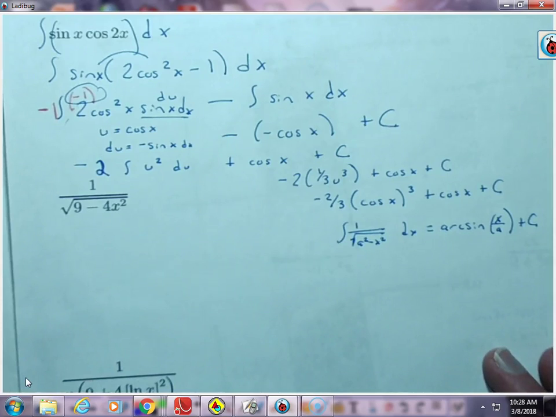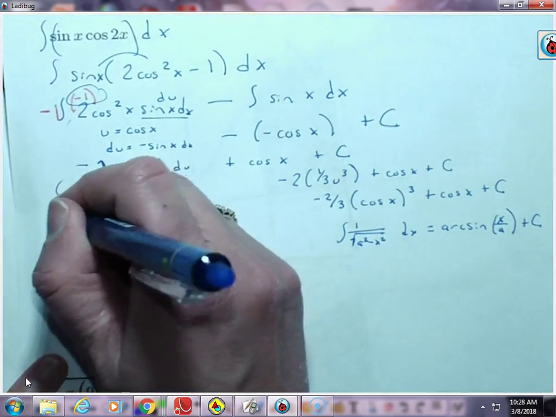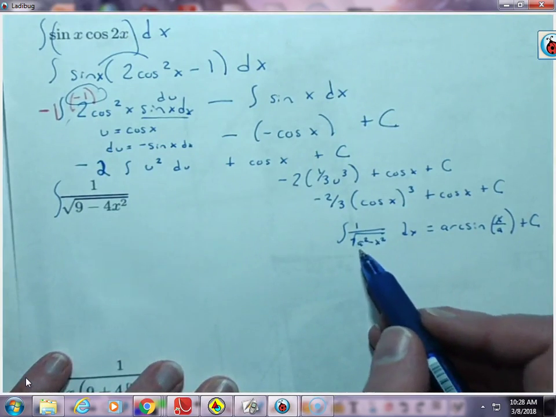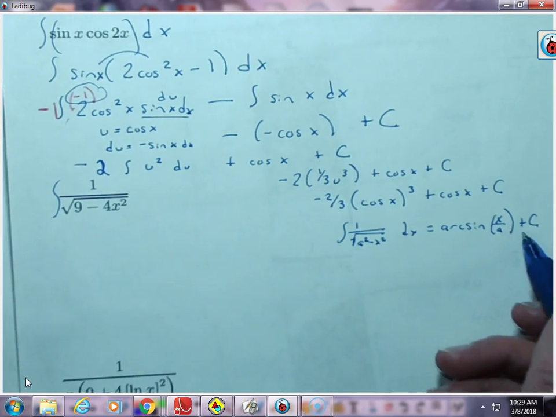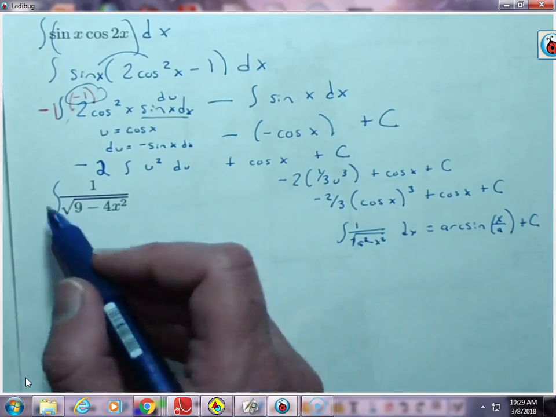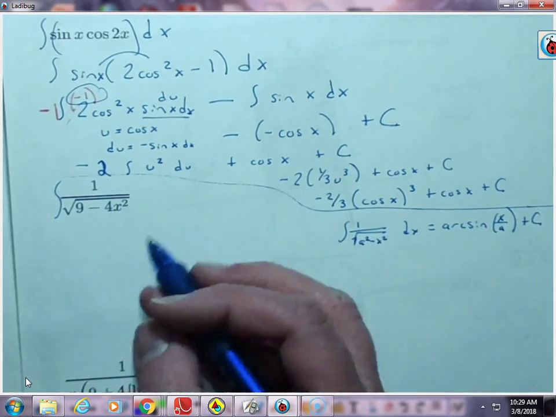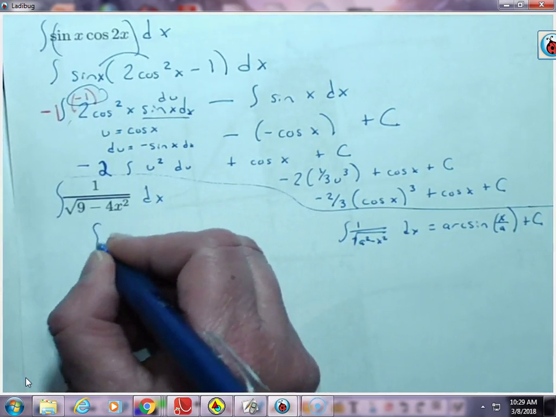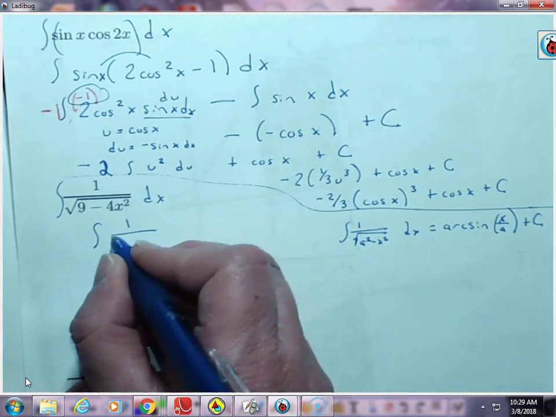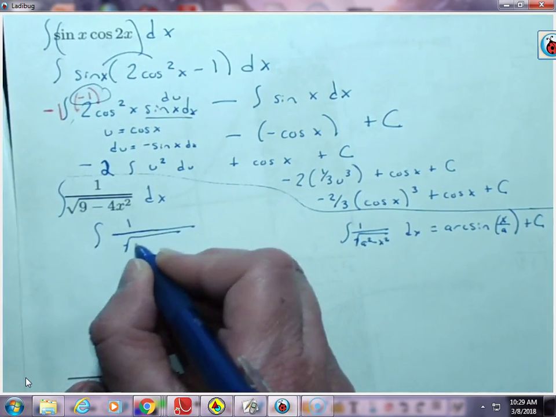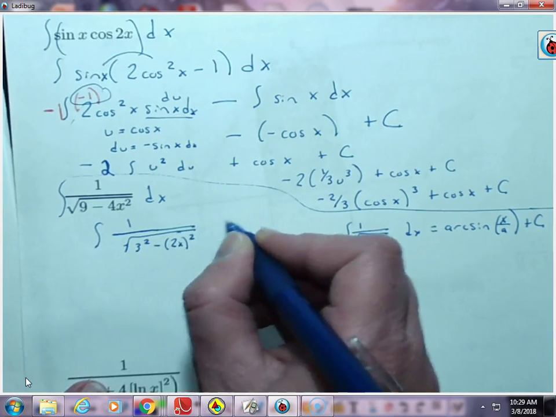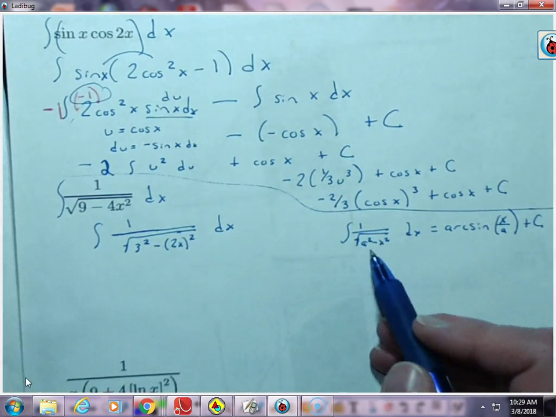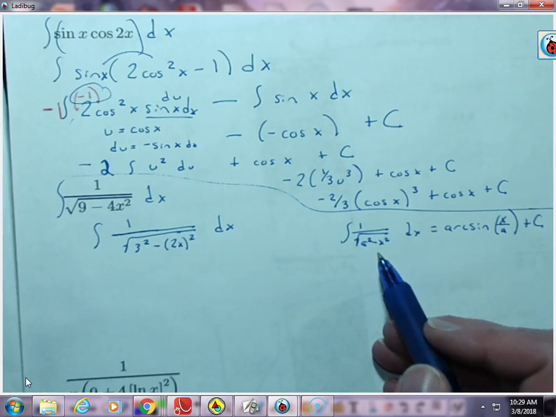So this one, really all I have to do is rewrite it. The rule is: the integral of 1 over the square root of a squared minus x squared dx equals arc sine x over a plus c. So if I wrote this, you're basically writing it like it's 3 squared minus 2x squared, so that it looks like a constant squared minus some kind of variable expression squared.